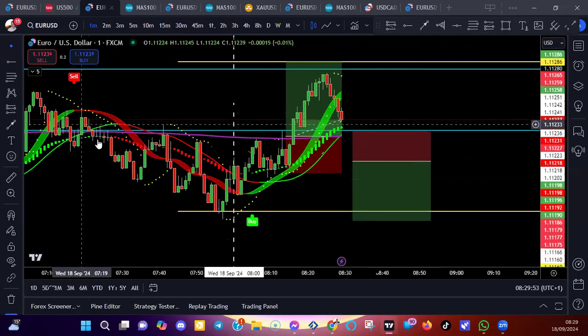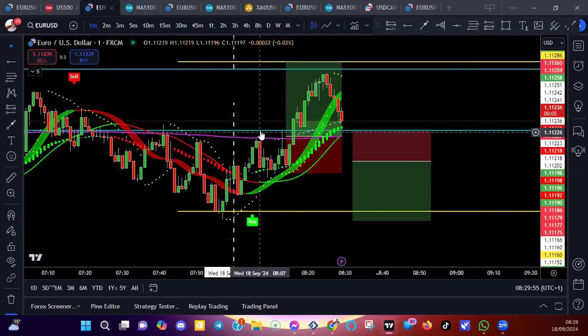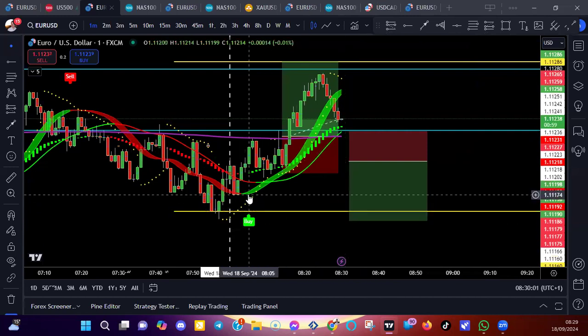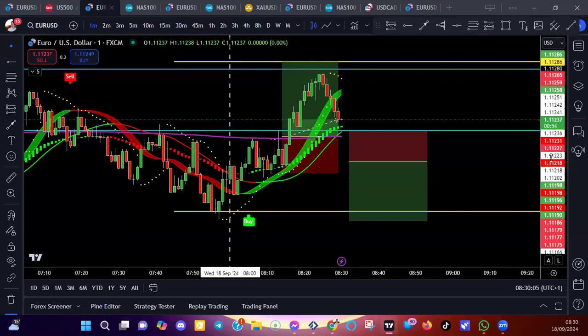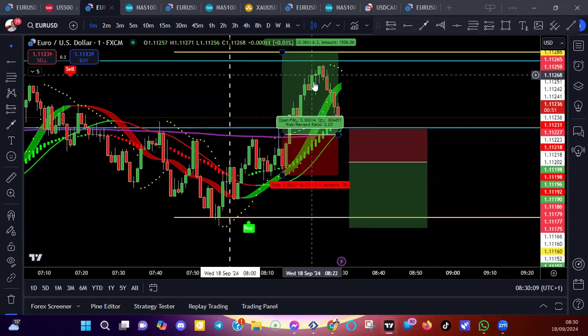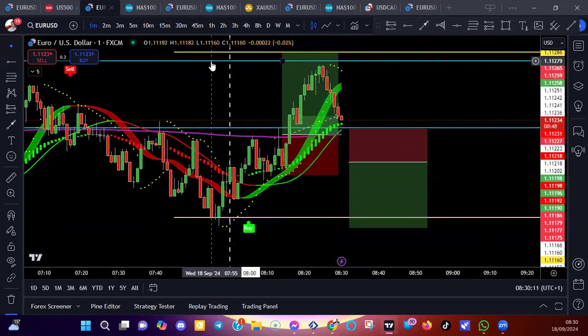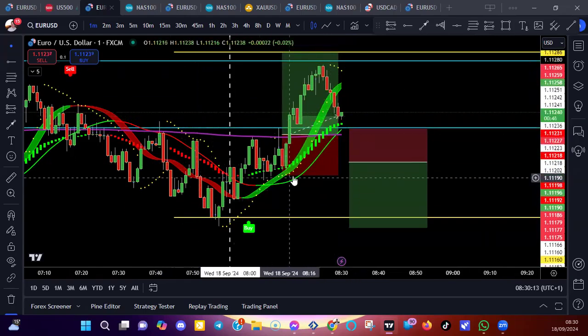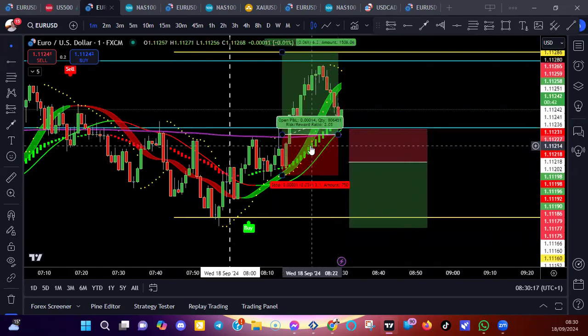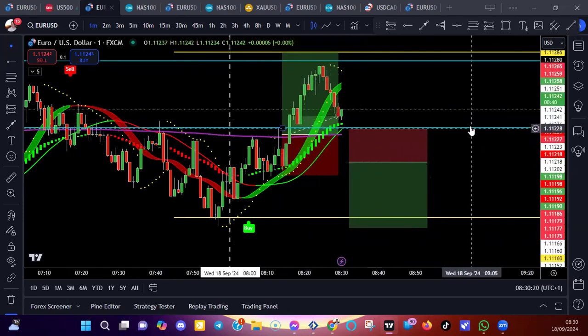Because we have this big fence here. The volume is running out. Well, we can see that, obviously. Waves are getting smaller and smaller and going horizontal.